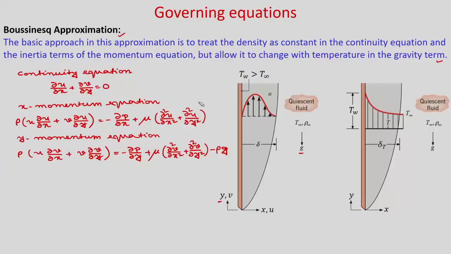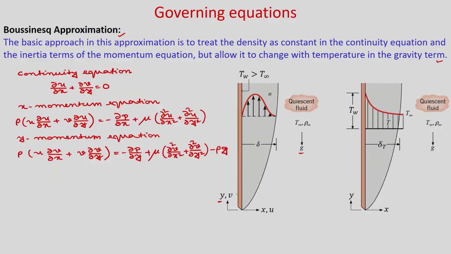As we discussed in forced convection, in the boundary layer approximation delta T is much less than H. In this particular case, delta is the hydrodynamic boundary layer thickness and delta T is the thermal boundary layer thickness, and that will be much smaller than the height of the plate.